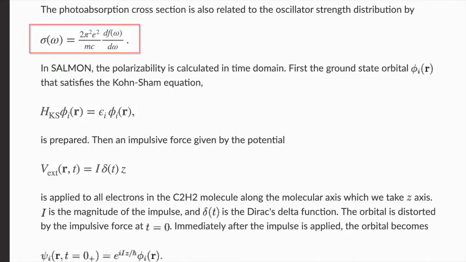A quantity called the oscillator strength distribution dF/d omega is also used as a dimensionless quantity that differs from the photoabsorption cross-section by a constant factor.